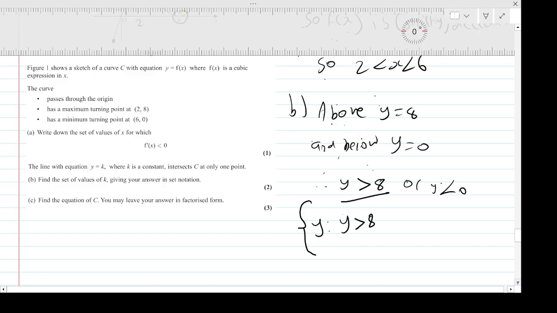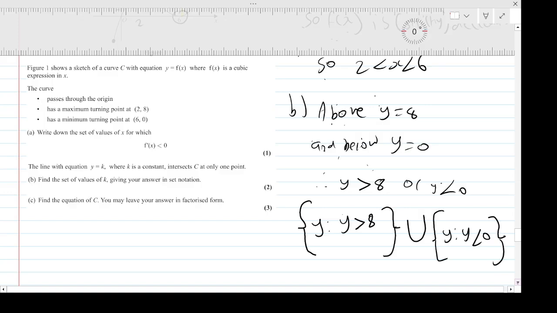But I can't then say or y is less than or equal to 0 in the same bracket. I need to split it up, okay? And so what I'm going to say then, remember, is this union, this U shape, that means or, and then we introduce another set of y such that y is less than 0, okay? And there we are, that's it in set notation, okay?